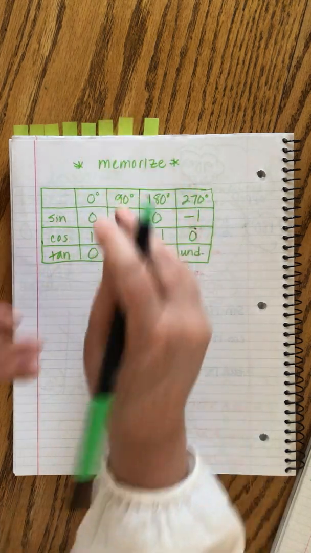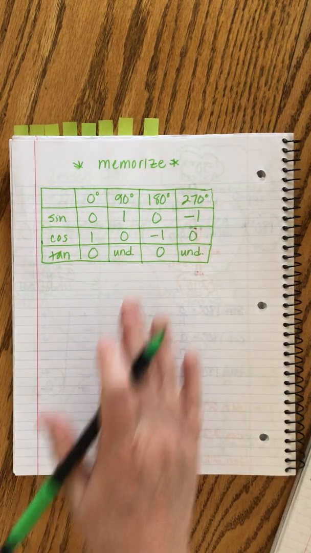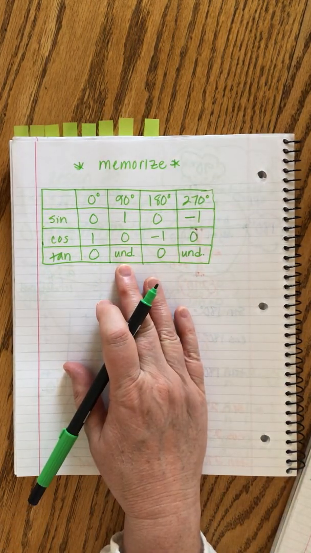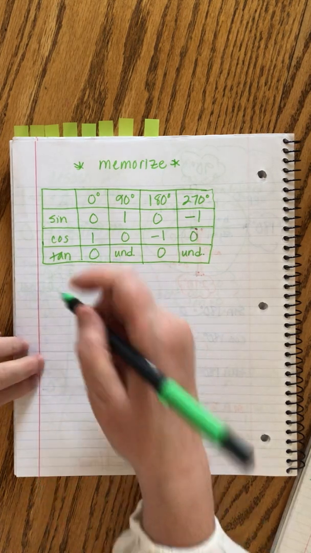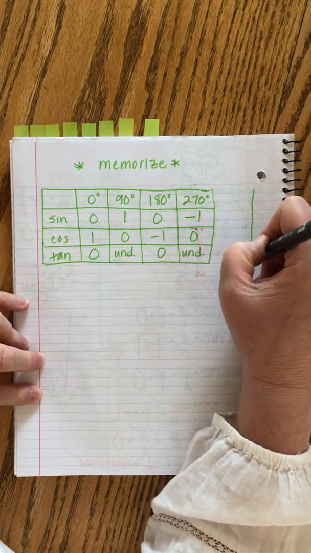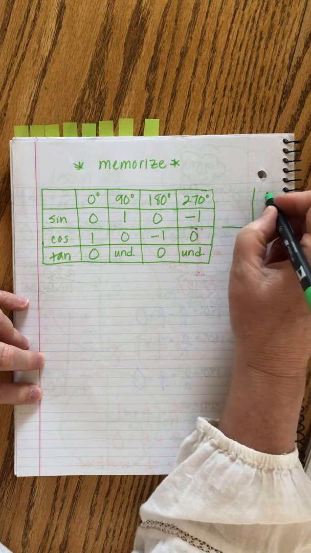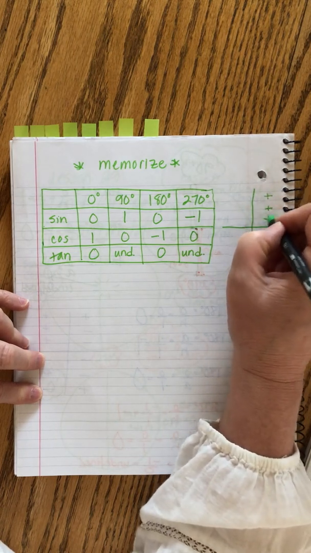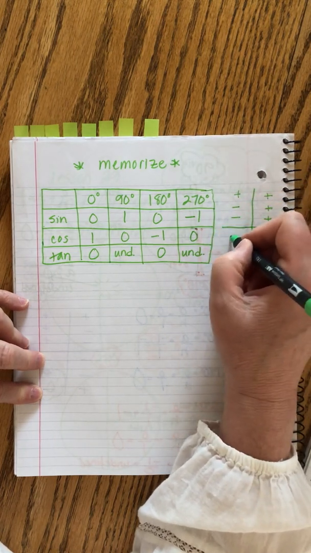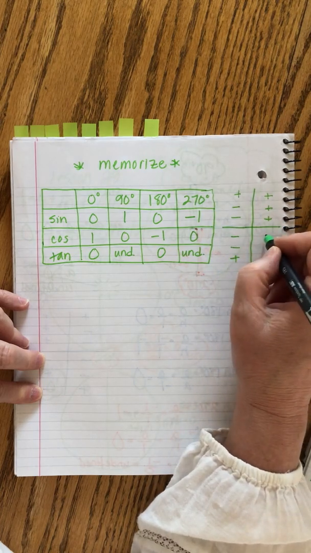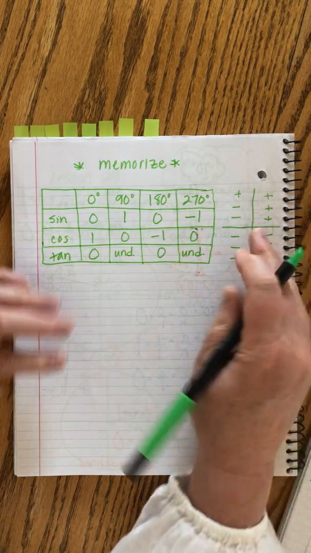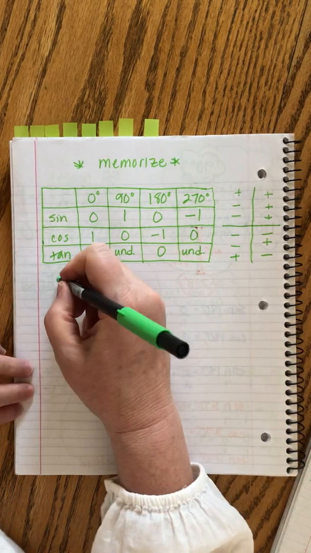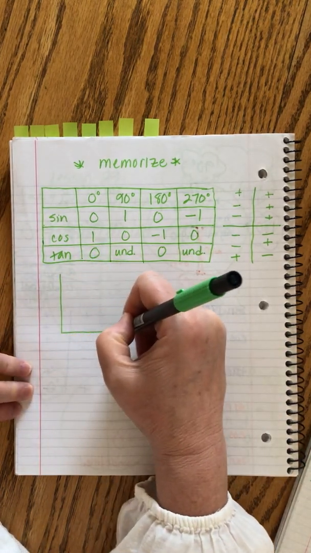We don't have to worry about the big circle. We're going to come back to that later. I want you just to memorize this chart as well as this thing that we talked about last week. This information as well as our two triangles.